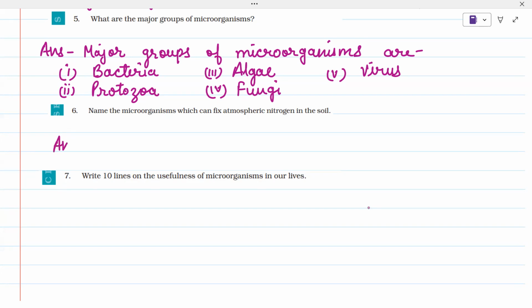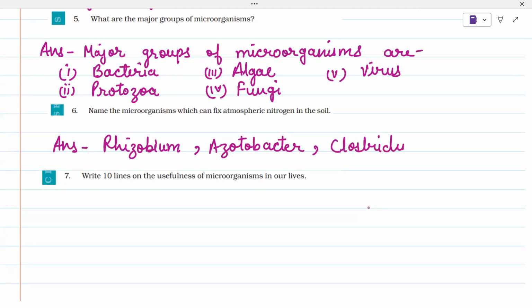So we can write down, these are Rhizobium bacterium, right, Azotobacter bacterium and Clostridium bacterium, right? So these are the names of various bacteria which help in atmospheric nitrogen fixation.